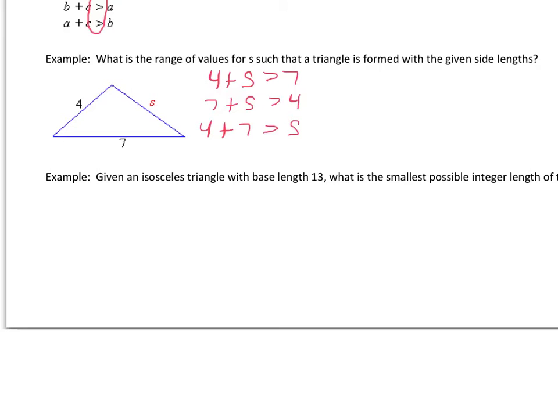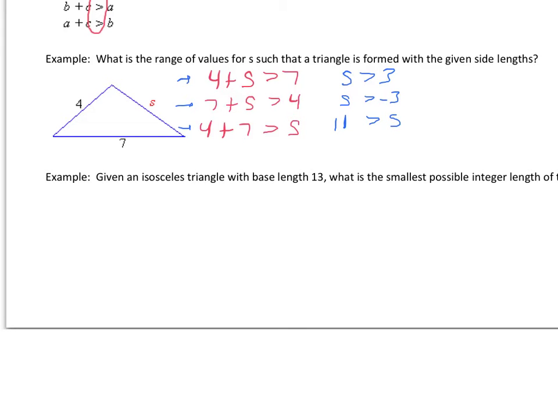If we solve these, for the first one, if I subtract 4 from both sides, I get s must be greater than 3. On this one, if I subtract 7 from both sides, s must be greater than negative 3. And on this one, adding them together, we get 11 is greater than s.